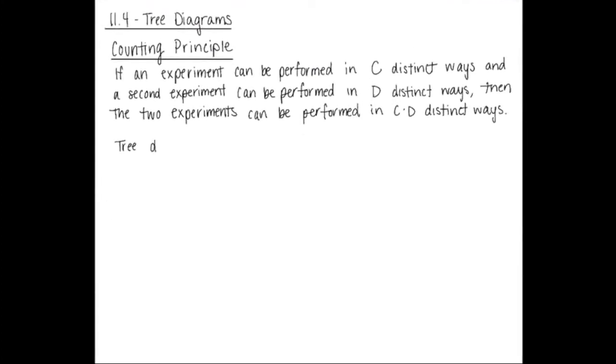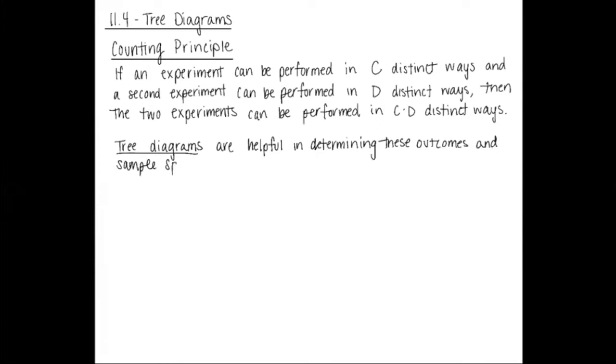So tree diagrams are helpful in determining these outcomes and sample spaces. So ultimately it tells you every possibility in the end. And from that, then I know how to kind of calculate probabilities a little bit better.